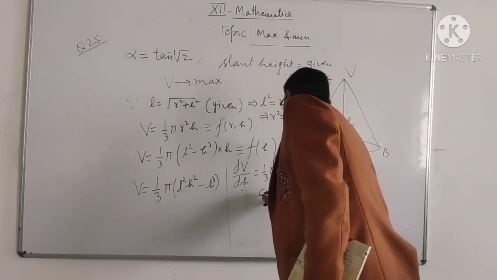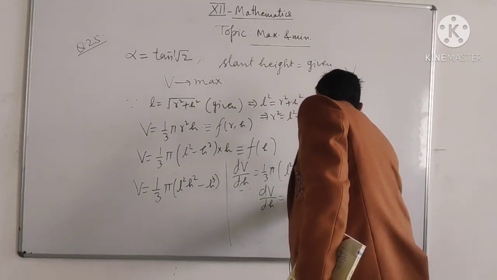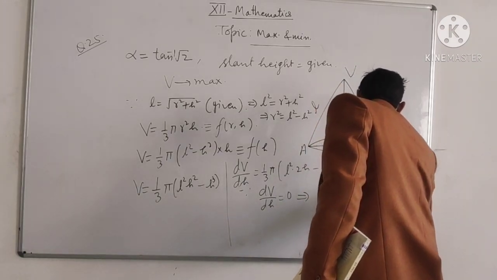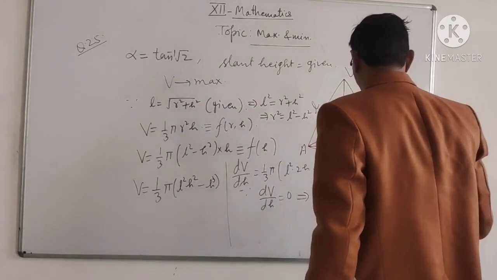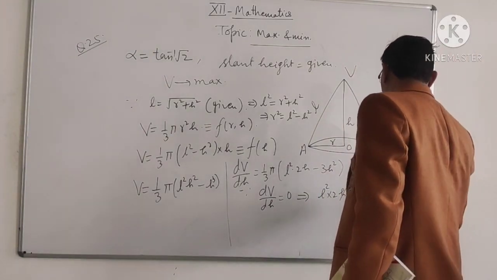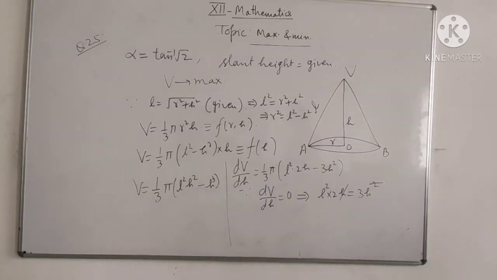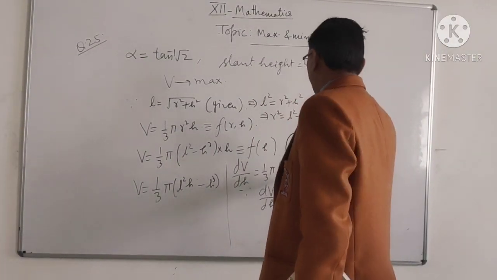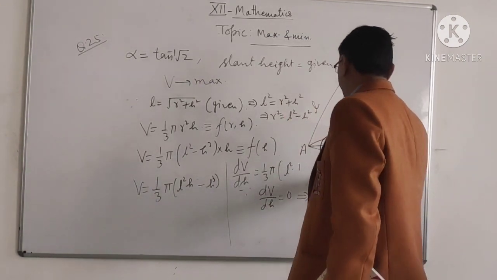Since dV over dH equal to 0, therefore L square equal to 3H square.